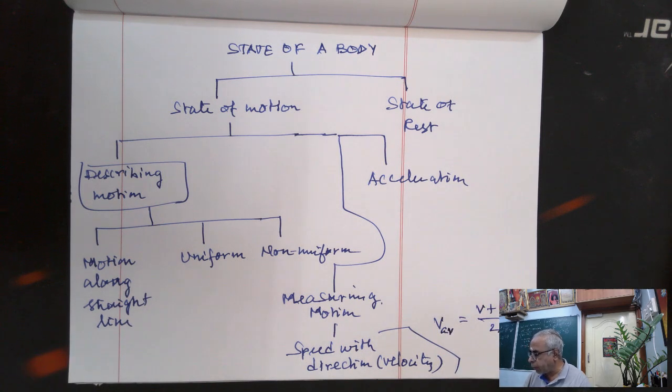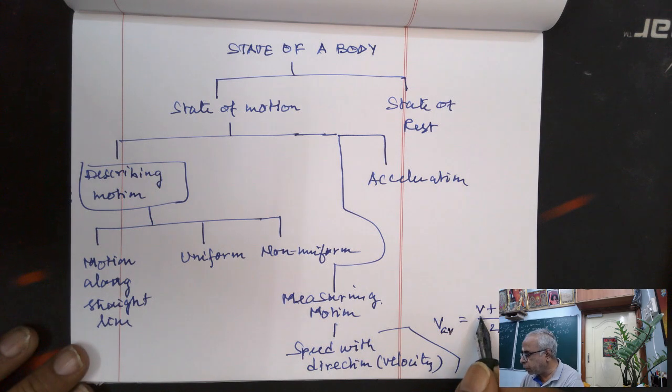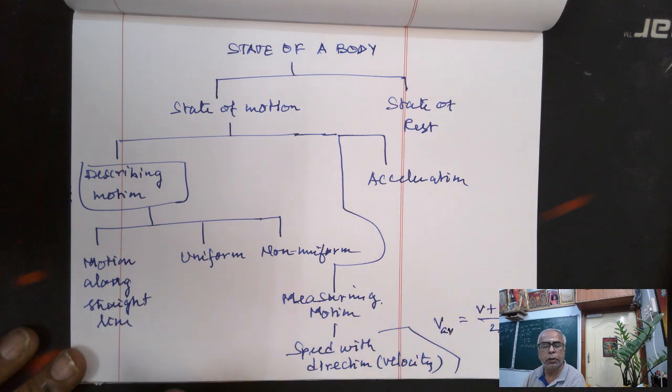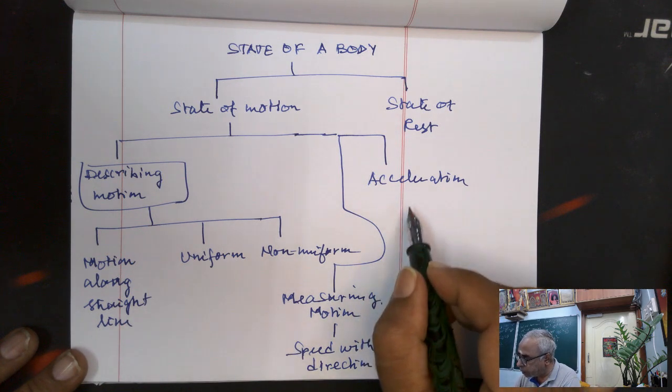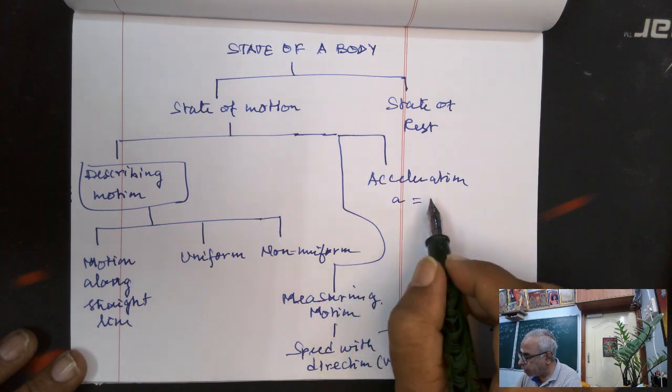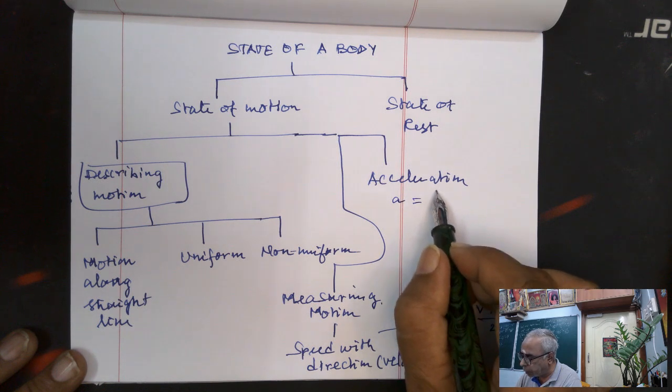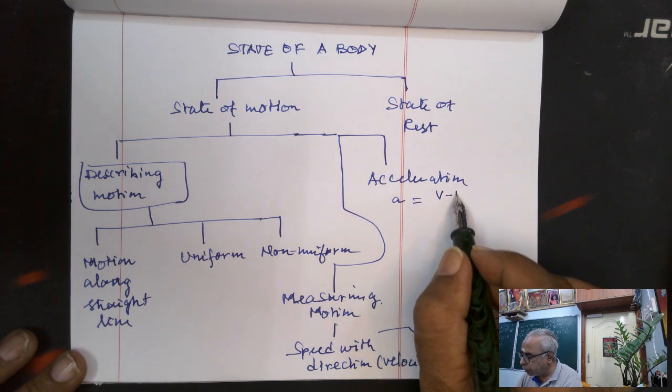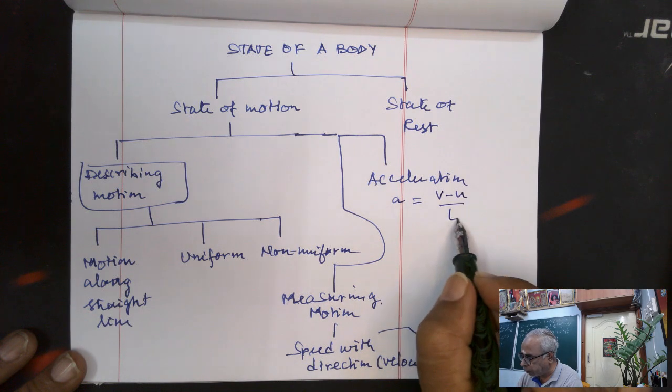This is called average velocity. V is the final velocity, U is the initial velocity. And the acceleration is represented as a. a is equal to the change of velocity, that is final velocity minus initial velocity, divided by t.